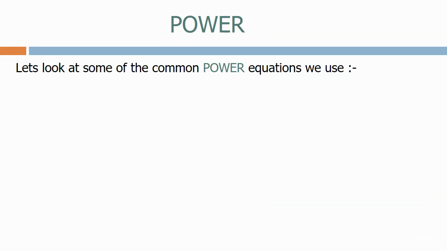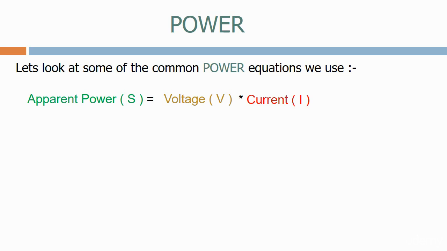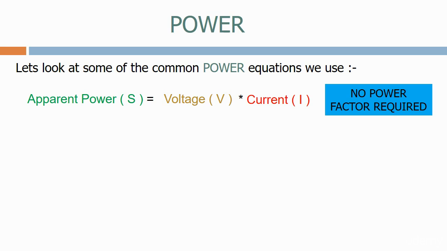Let's look at some of the common power equations we use. The apparent power S equals the voltage V times the current I. There is no power factor required for the apparent power.